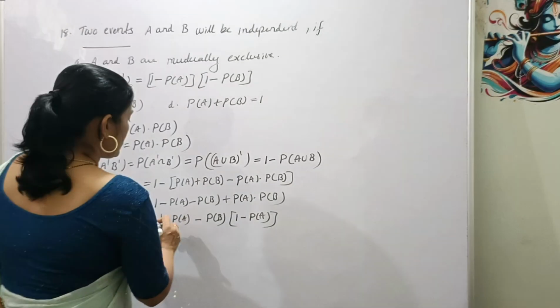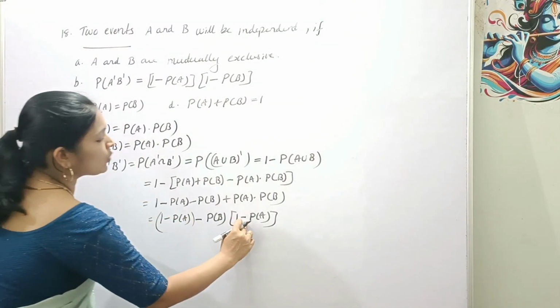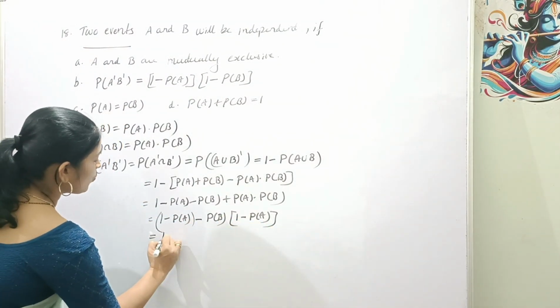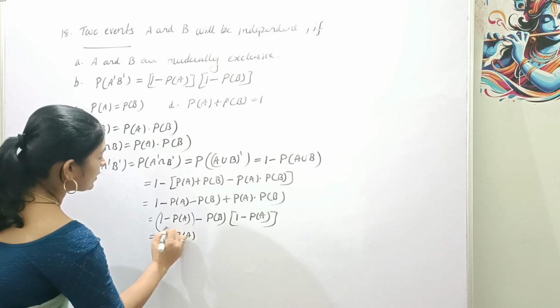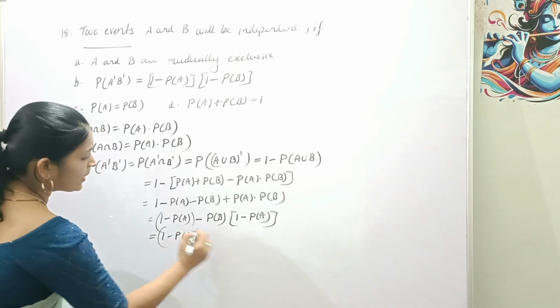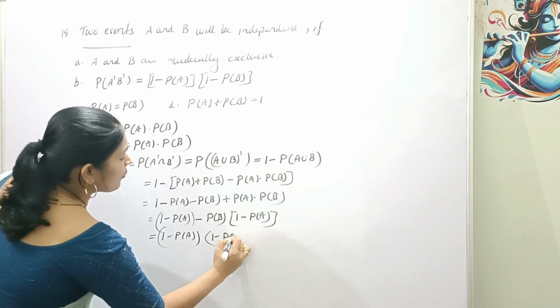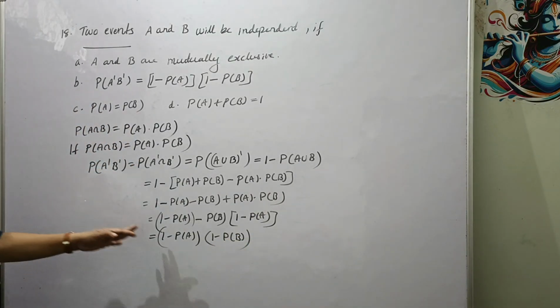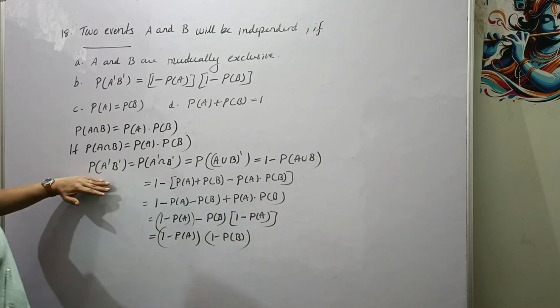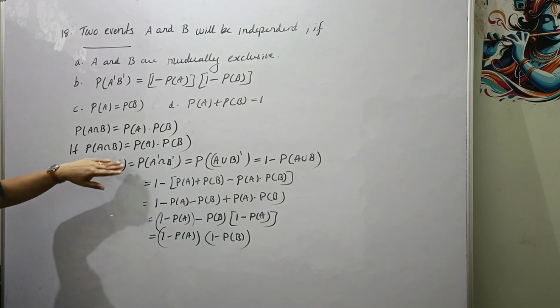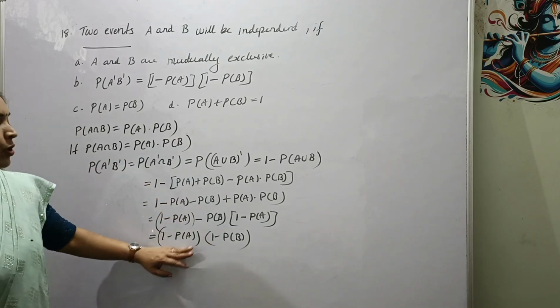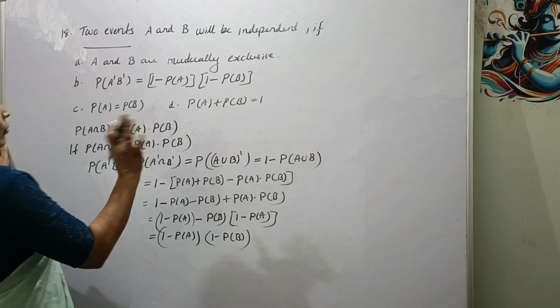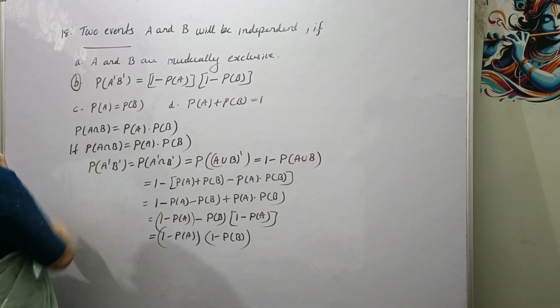So here 1 minus P of A is common. So 1 minus P of A into, taking outside, 1 minus P of B. So 1 minus P of A into 1 minus P of B. That is, probability of A complement intersection B complement is equal to 1 minus P of A into 1 minus P of B. It is the correct answer.